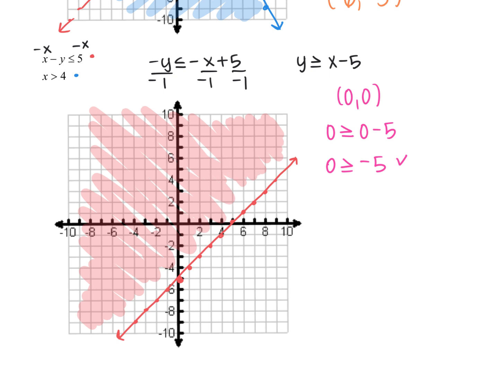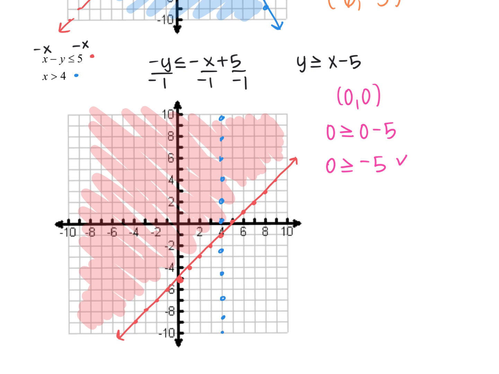Okay. My second inequality, x greater than 4. So that's a vertical line. So I'm going to be putting points that only go through my x value of 4. Oop, that's 5. Okay.